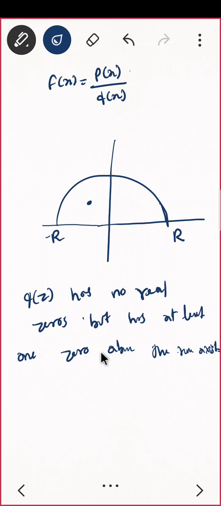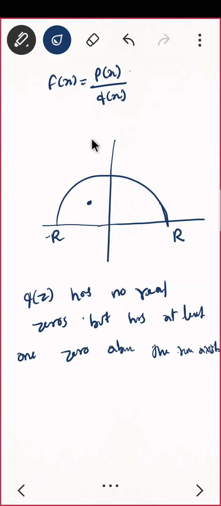Actually, that is the first thing you have to see. You have to see what q of z is, find the roots of that, and find the distinct roots which lie above the real axis. You can say this is step 1.